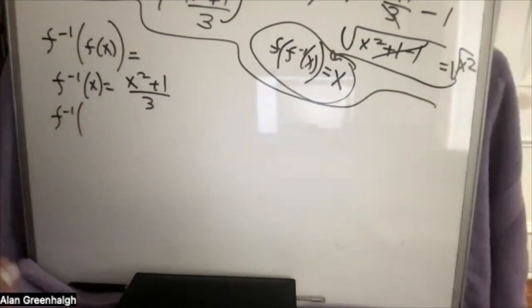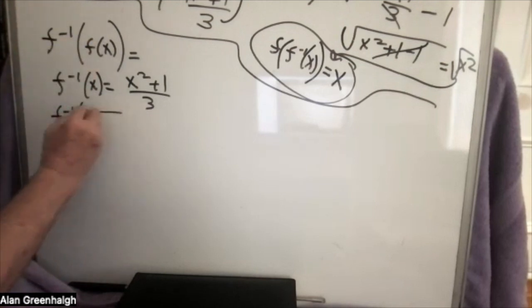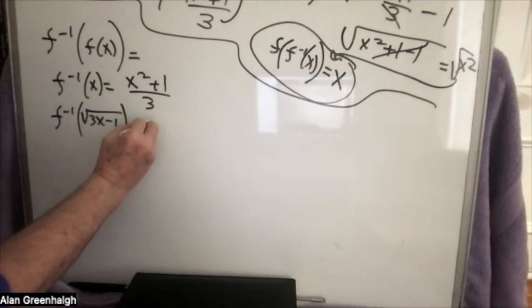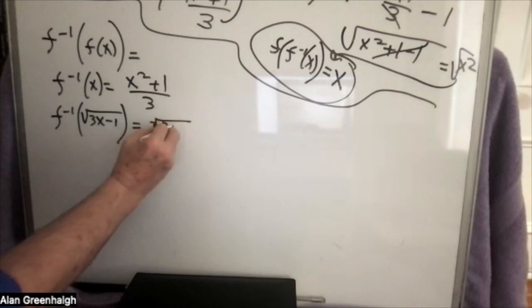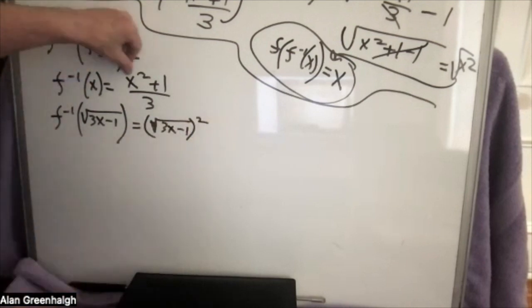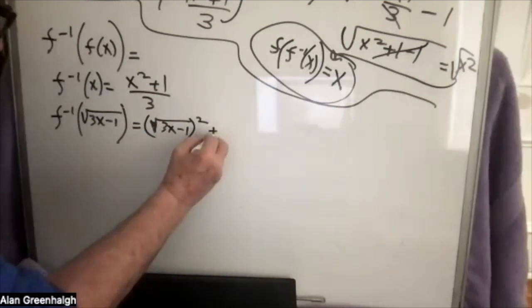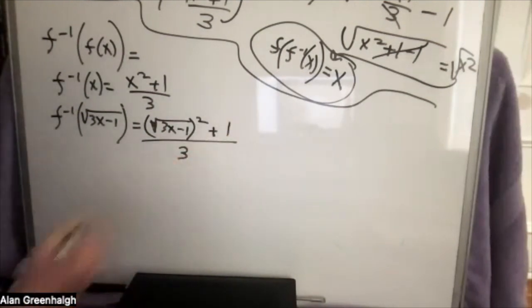So we're putting in the original f of x, which is the square root of 3x minus 1, squared, plus 1 over 3. If that comes out to equal x, that's the end.